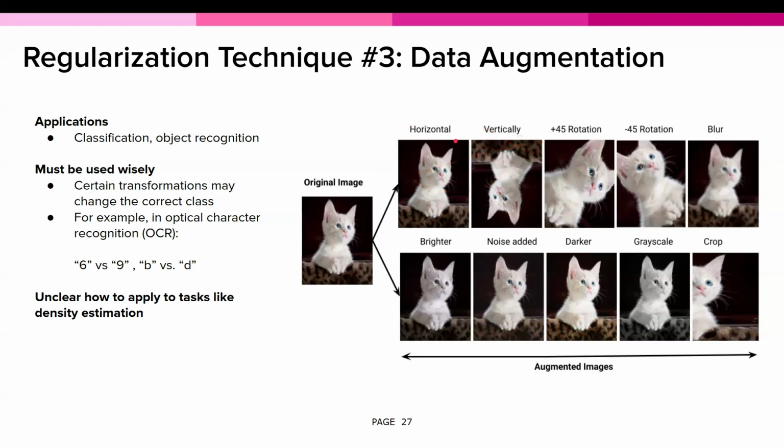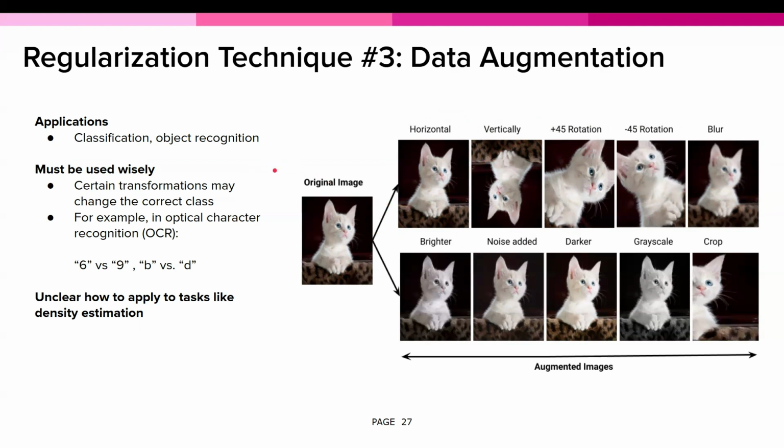What we're telling the classifier is that I want you to be invariant to these types of transformations. I want you to recognize that this is a cat, regardless of if it's flipped upside down or rotated slightly or blurred. You need to still recognize that that is a cat.